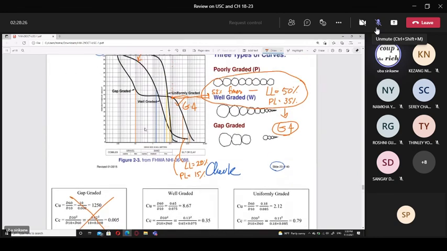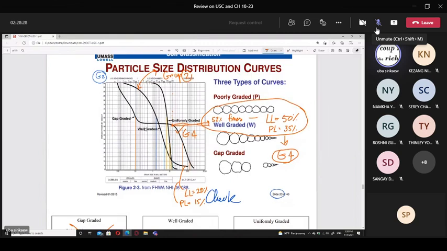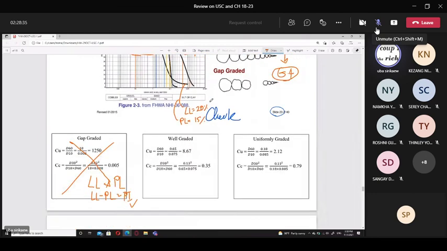And for well graded, you see, well graded. Please redo again. Okay, recheck and explain how to classify the well grade.